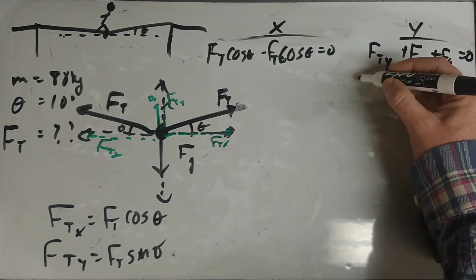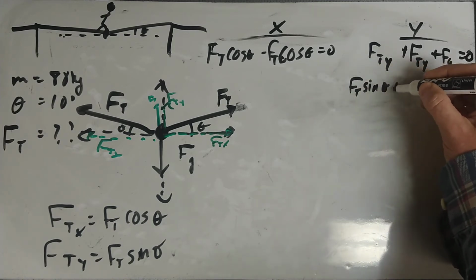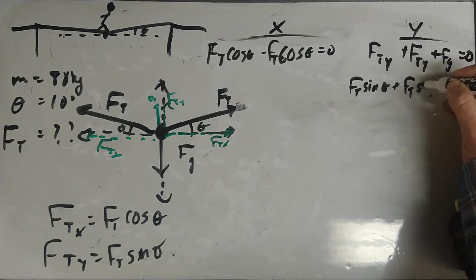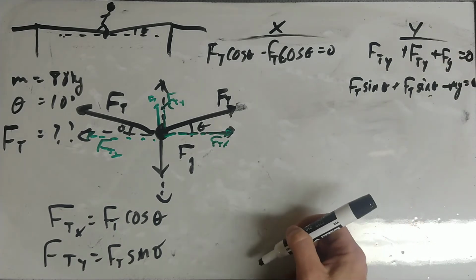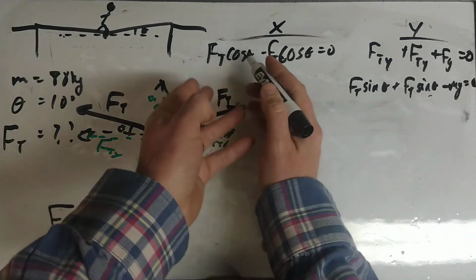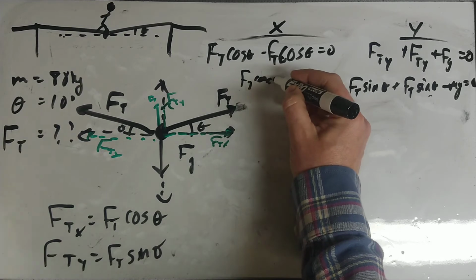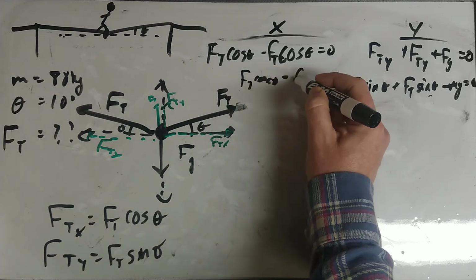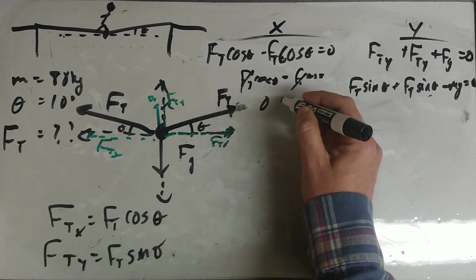Or what you would say is FT sine theta plus FT sine theta minus mg equals 0. So the x equation doesn't tell us anything. If I rearrange it, you get FT cos theta equals FT cos theta, so 0 equals 0, or 1 equals 1, I suppose.